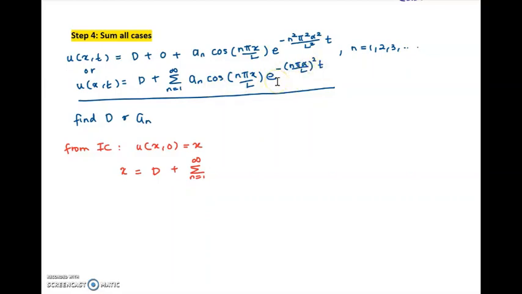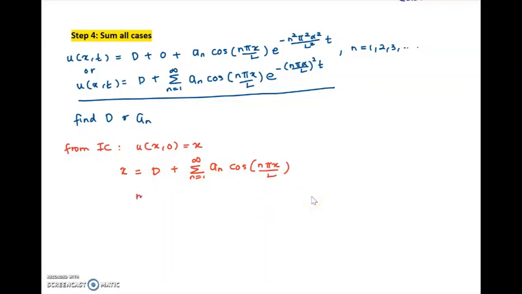What we have is just a_n cos(n pi x over L). Now, how do we get D and a_n here? If we look closely, this is what we have in chapter 4, the Fourier series.